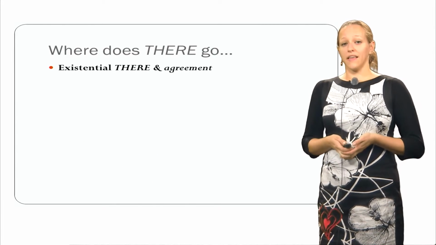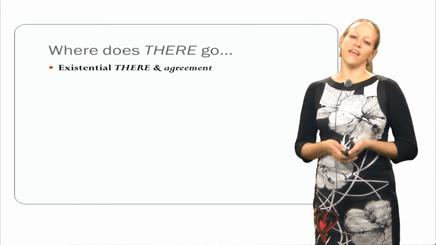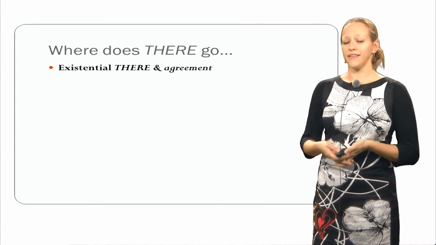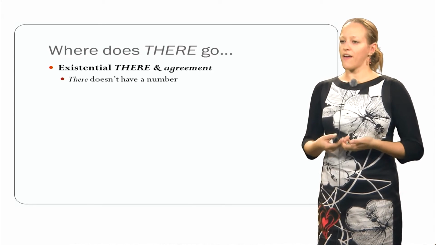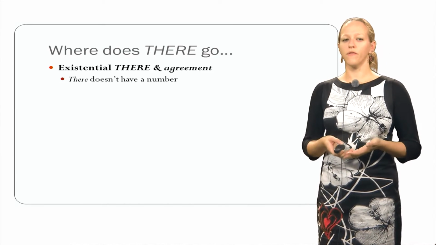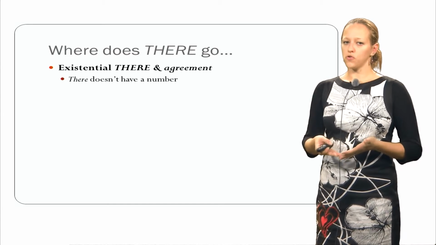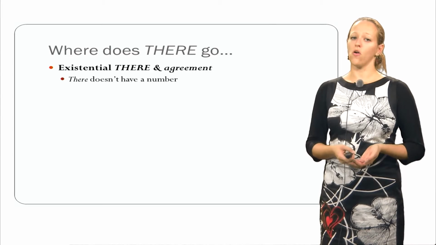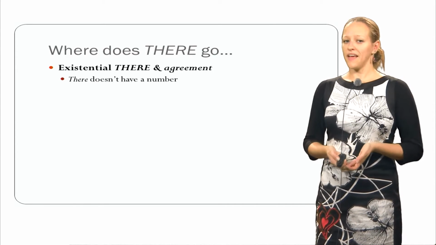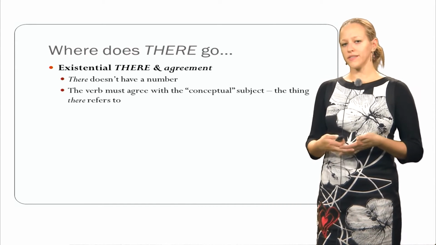And the last thing, the existential there and agreement, this is something that you need to keep in mind because there doesn't have a number. We have already learned before that in order to use the correct verb, we need to know whether the subject is in plural or in singular. But since there doesn't have a number, we need to look somewhere else.